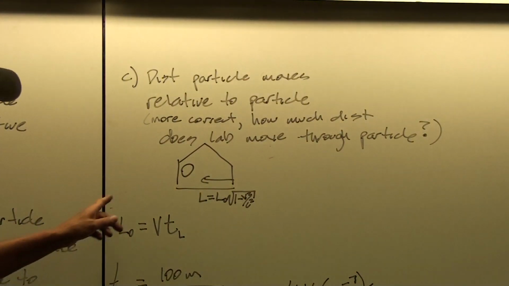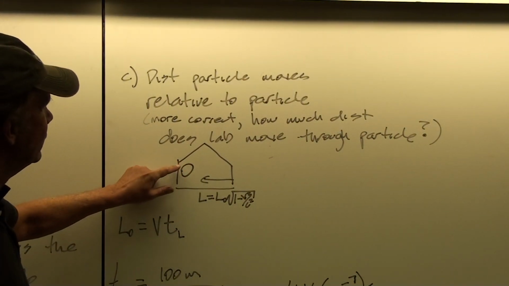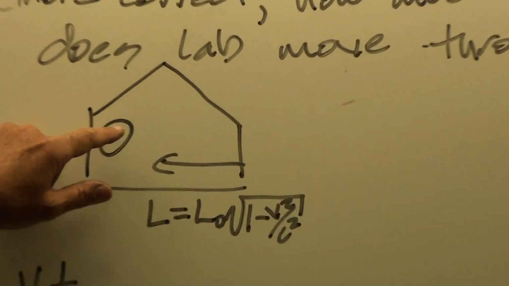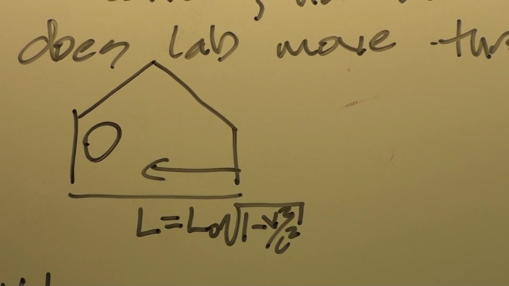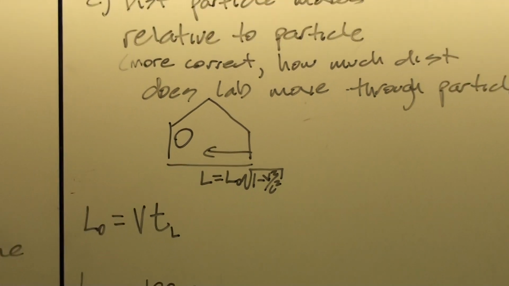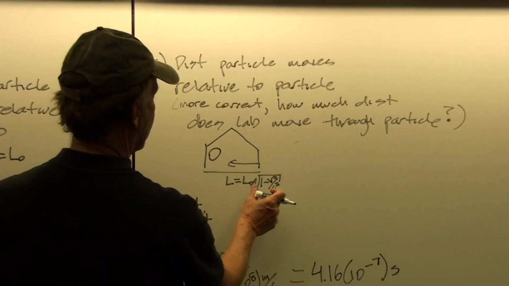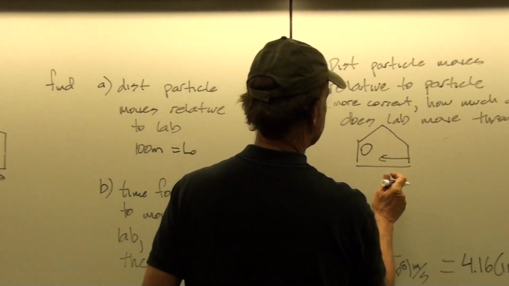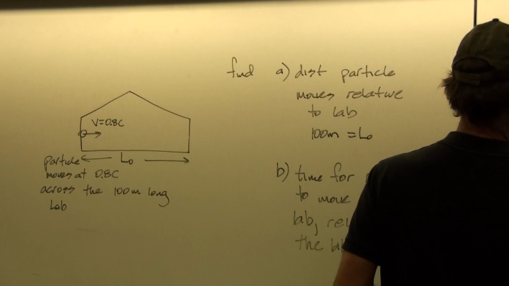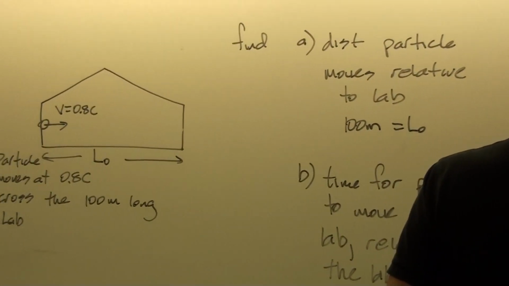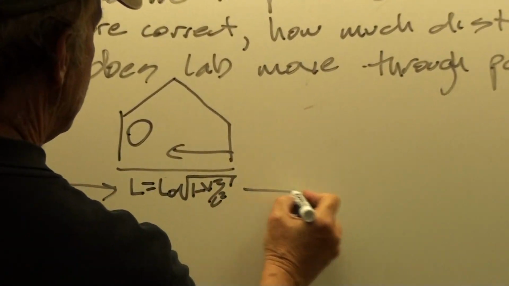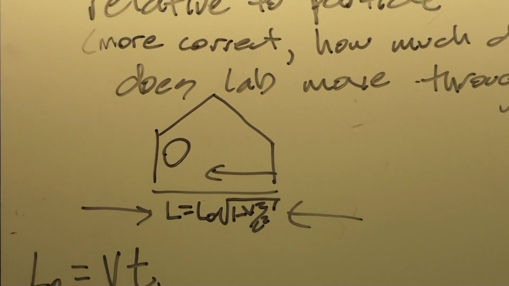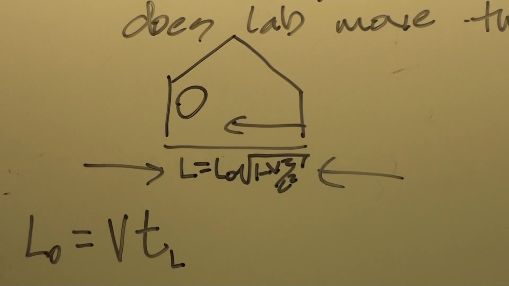Okay, it's going to take less time from its own point of view, and it's going to move less distance in that smaller amount of time. But it'll still be the same relative velocity. And so you've got this much longer lab being length contracted. And that's what the particle sees then, the lab moving through the particle and only having that length.